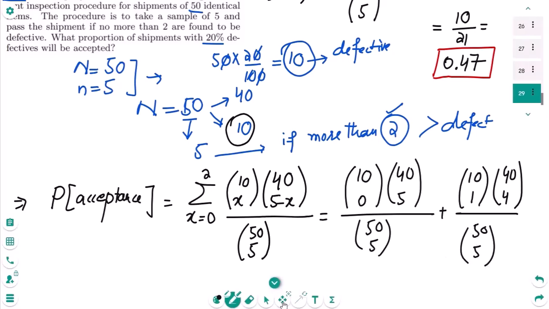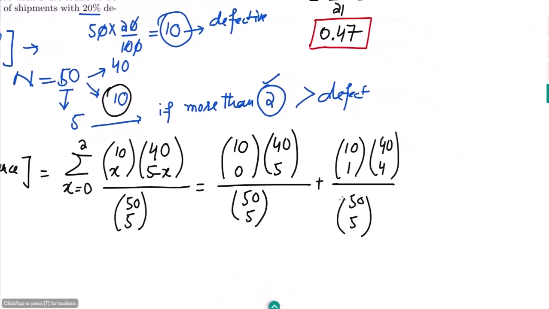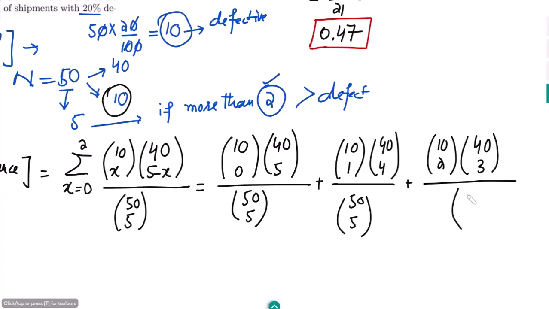Okay, also here let me expand it, because here we have from 0 to 2. Also here 10 choose 2, 40 choose 3, whole divided by 50 choose 5.